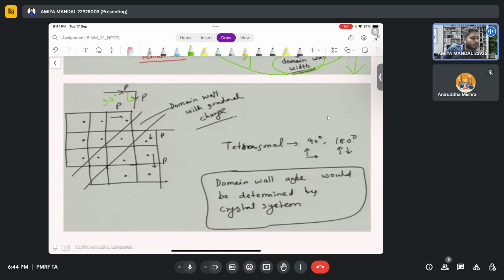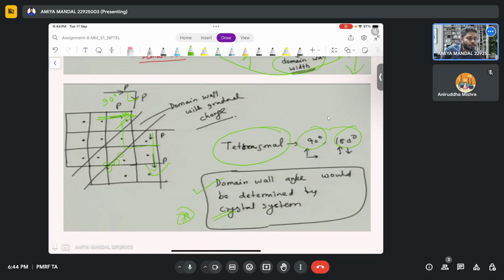So how are 90-degree domain walls formed? They are arranged inside like these directions, and like these directions, meaning they form 90 degrees. Then the tetragonal formation has 90-degree and 180-degree walls. So domain walls are determined by the crystal structure.